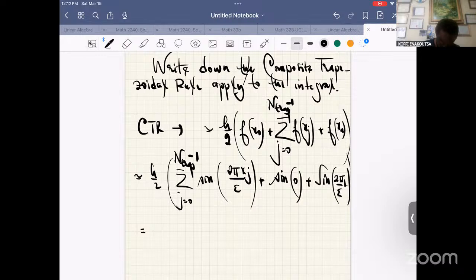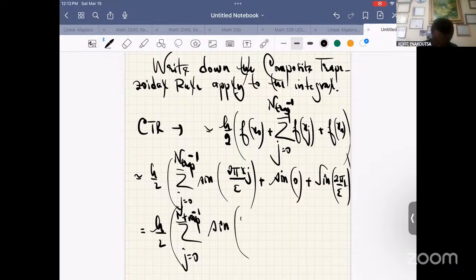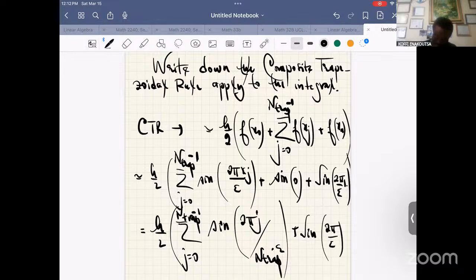So this is h divided by 2, the sum over j from 0 to n trap minus 1 of sine of 2 pi j divided by n trap times epsilon, plus the sine of 0, which is 0, plus the sine of 2 pi divided by epsilon.